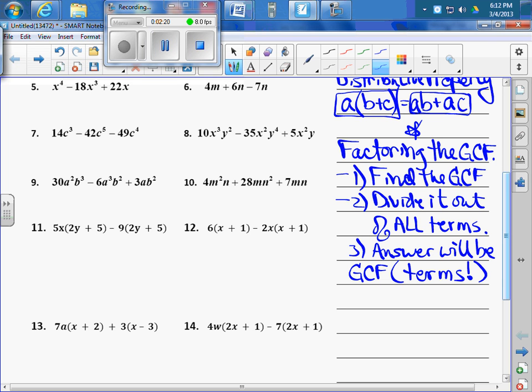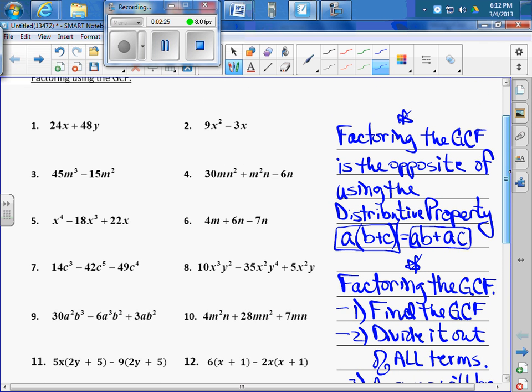Number 2, actually divide it out of all the terms. So here's what we're going to do. We're going to take the 24x plus 48y, and we're going to divide them both by 24. Show this step. Now your answer will be the GCF 24 times whatever you have left over when you divide the 24 out of both of those terms.